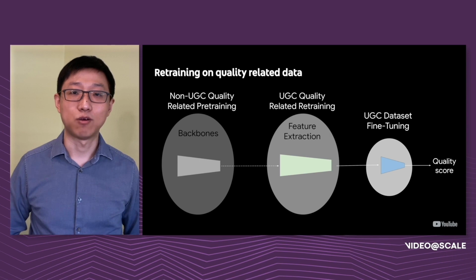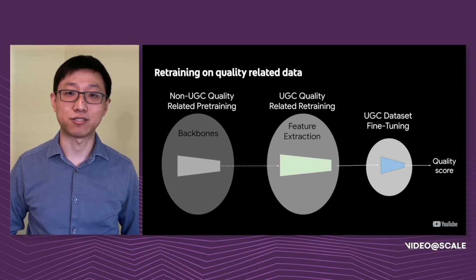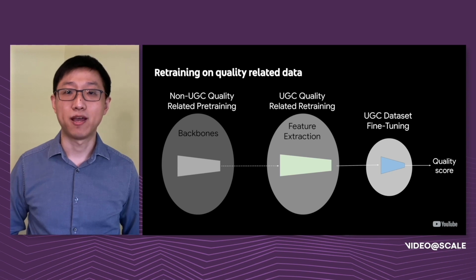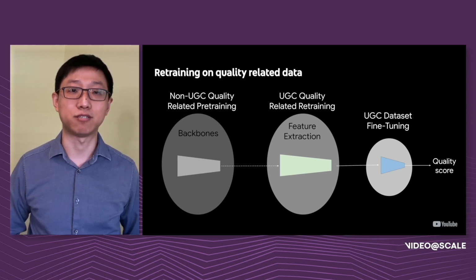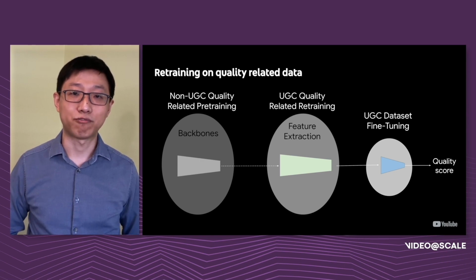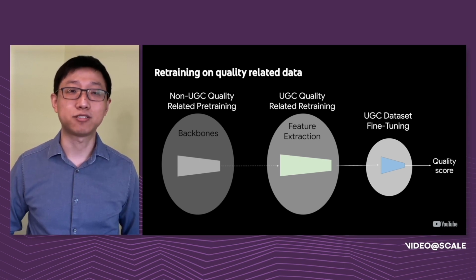For instance, we can add synthetic distortions like Gaussian noise and Gaussian blur to the original, and then train the model to distinguish the original from distorted versions by self-supervised learning. This self-supervised learning approach allows the model to learn quality-related features from a large amount of real data, no longer restricted by subjective MOS data.